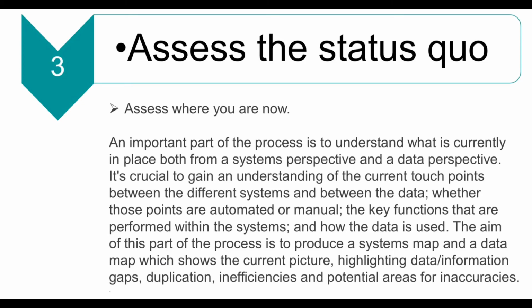It's crucial to gain an understanding of the current touch points between the different systems and between the data, whether those points are automated or manual, the key functions that are performed within the systems, and how the data is used. The aim of this part of the process is to produce a system map and a data map which show the current picture, highlighting data information gaps, duplication, inefficiencies, and potential areas for inaccuracies.